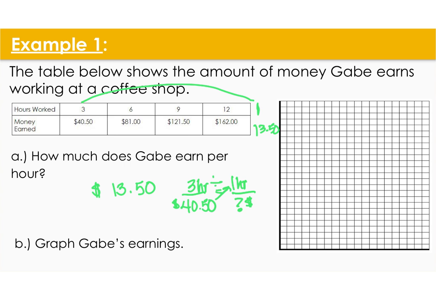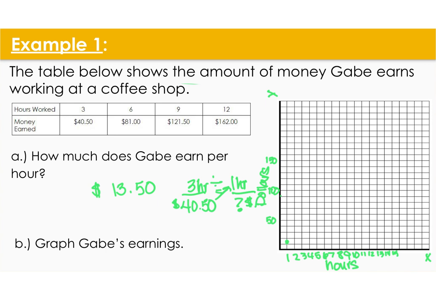So we're going to graph Gabe's earning. Okay, so on the y-axis, I went up by 10s, and on the x-axis, we went up by 1s. So at 1, we said was $13.50, so that's going to be just above the 10.